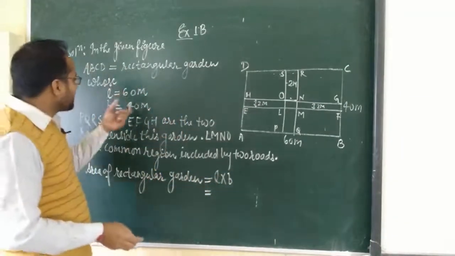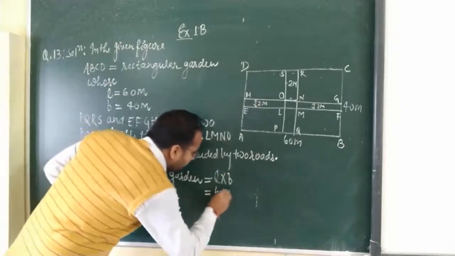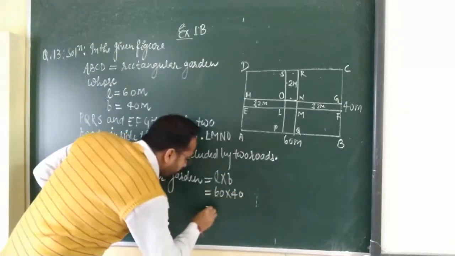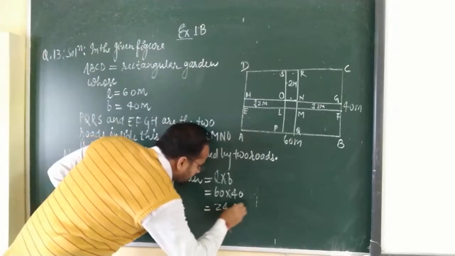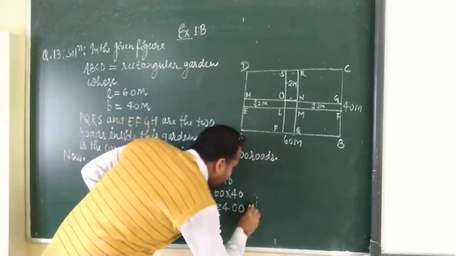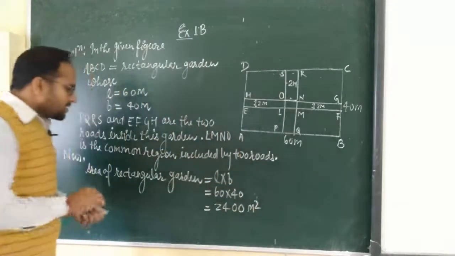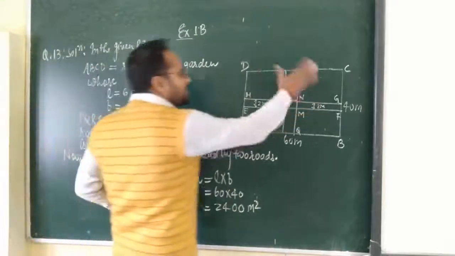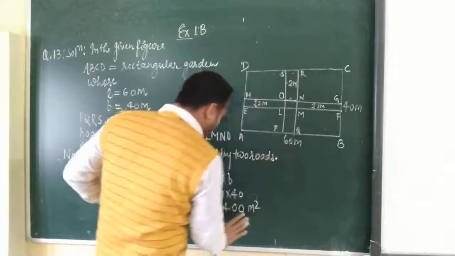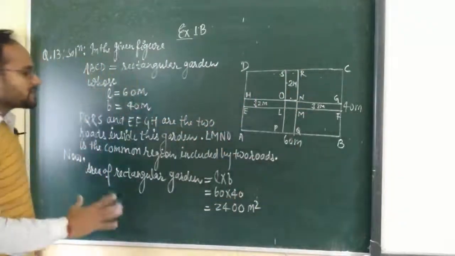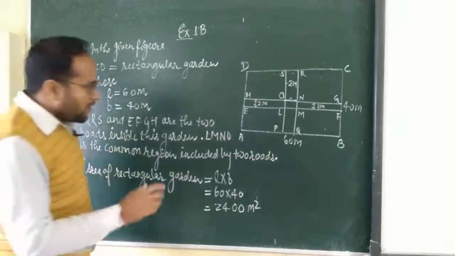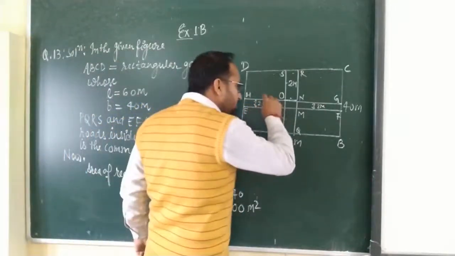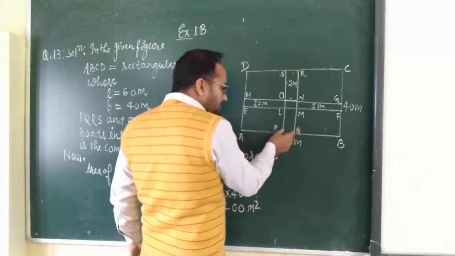Length is given as 60, and 60 multiplied by 40, what will you get, students? You will get 2400 meter square. So this is the total area of this region, 2400 meter square.